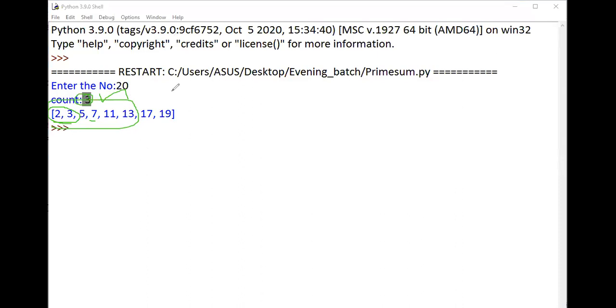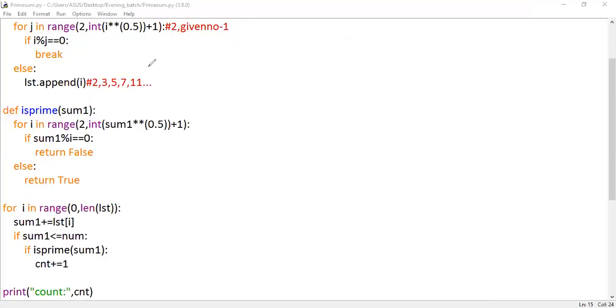Actually the answer should be 2, so we got 3. Why is it? Look at the program and identify what we are supposed to avoid here. Yes, you're right.